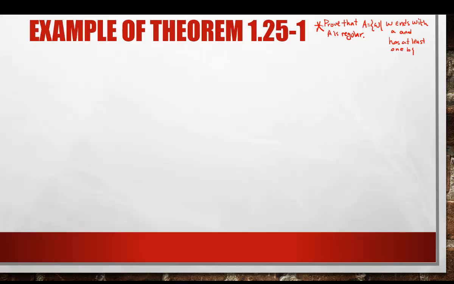It's basically one part. In order to show that this language is a regular language, I need to show that there's an automaton that accepts the strings from this language, and those are the strings that end with an A and have at least a B. To do this, notice that I have an AND here.